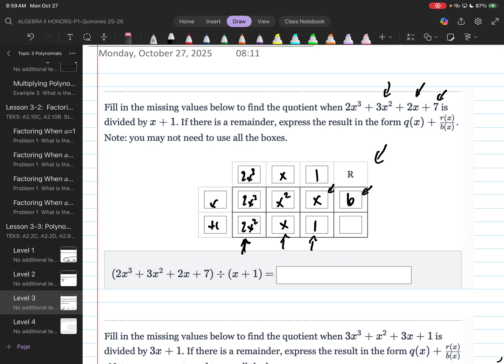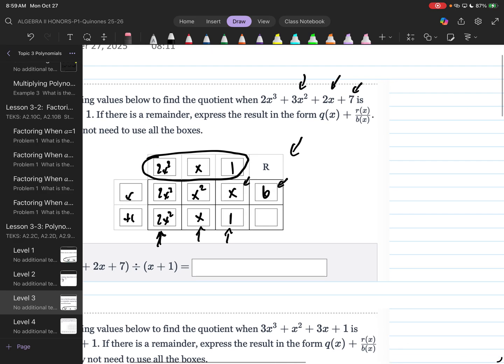So how does this look when it comes to the answer? Well, we have to put this, right? Whichever elementary teacher told you to disregard remainders is crazy to me. But my answer to this is 2x squared plus x plus 1 plus my remainder.